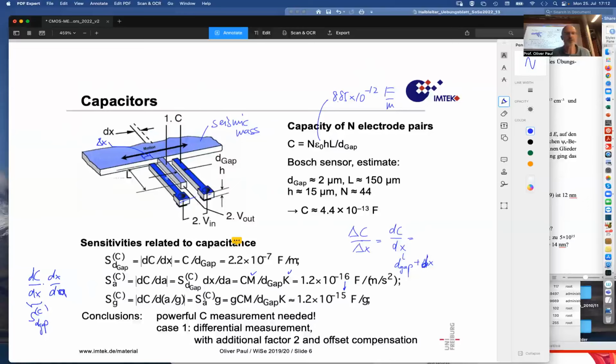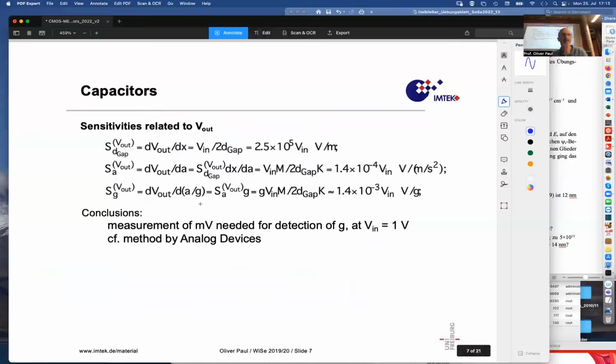function of the motion going from 0 volt to V in on the other side, then we can also calculate a voltage-related sensitivity per gap change, which is dV out over dx, which is V in over 2 times d gap, and that can be estimated to be 2.5 times 10 to the 5 volt as a V in volt per meter.